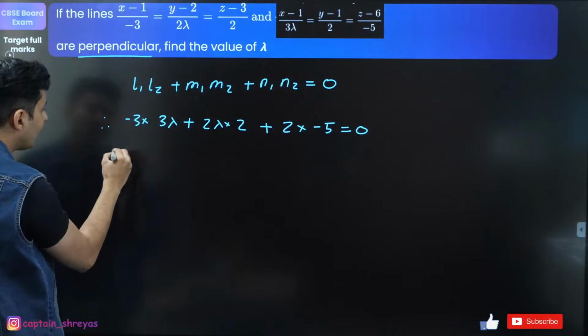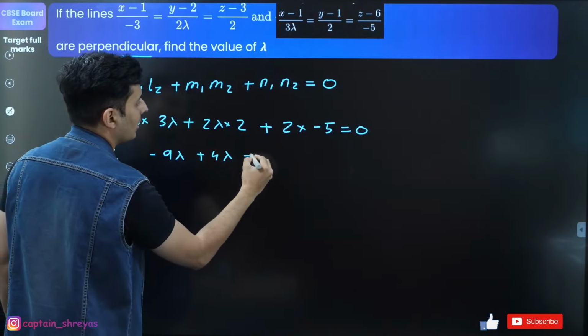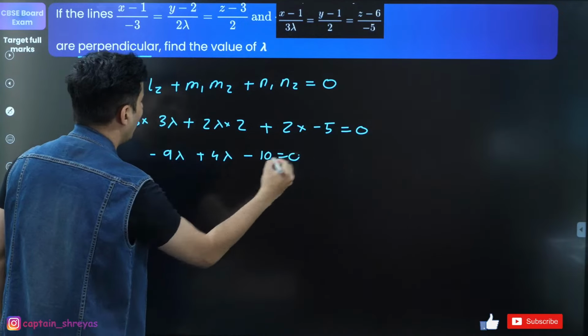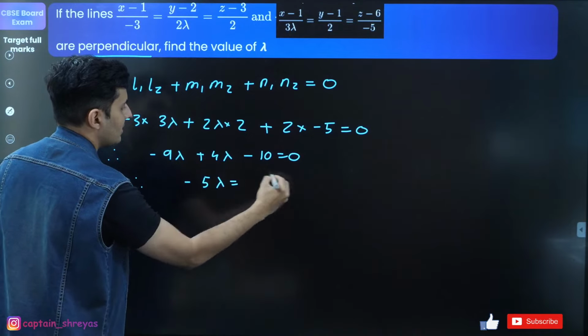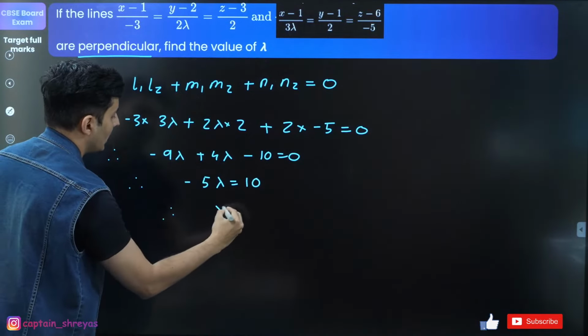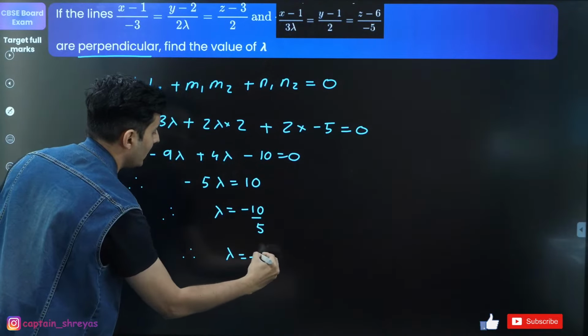I think this is a very easy question. So this will be minus 9 lambda plus 4 lambda minus 10 is 0. So minus 5 lambda is equal to 10. Therefore, lambda will be minus 10 by 5. Therefore, lambda will be minus 2.